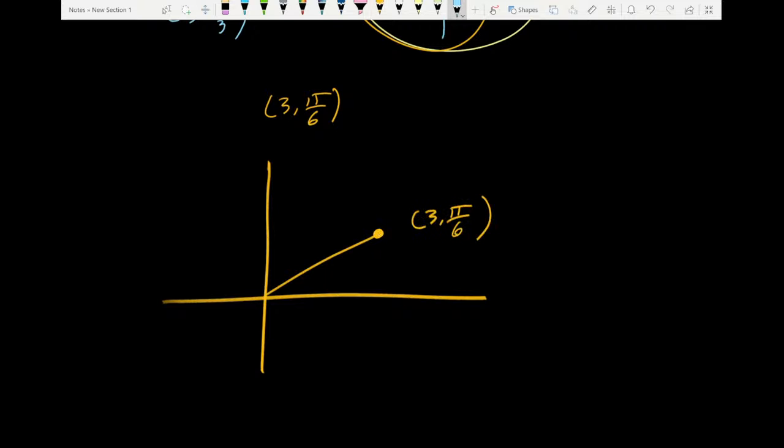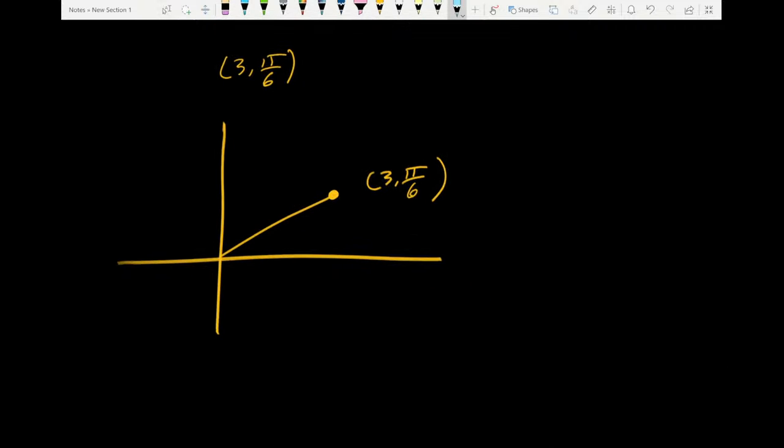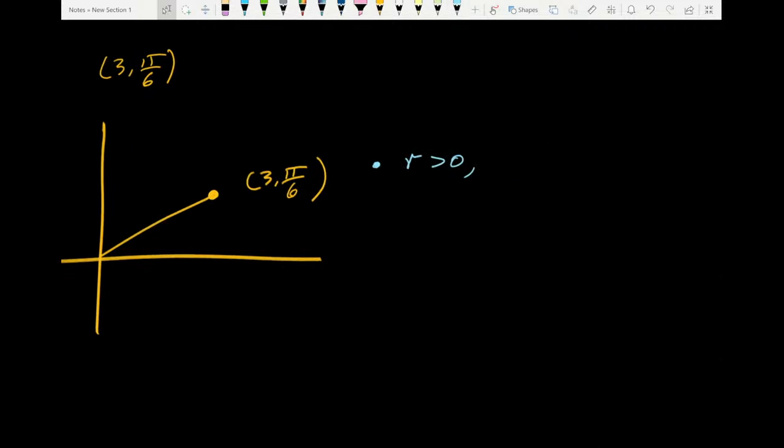I want to get the same point in polar coordinates, but with different numbers. Instead of 3 and pi over 6, I want different numbers. So let me give you the first criteria, where r is greater than 0, but the angle theta is greater than or equal to 2 pi.